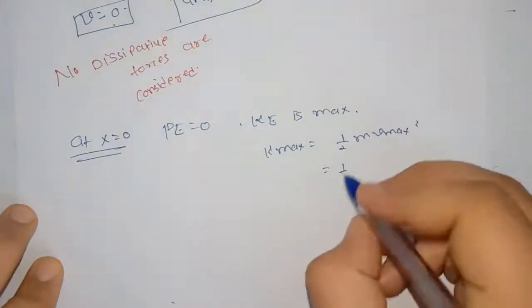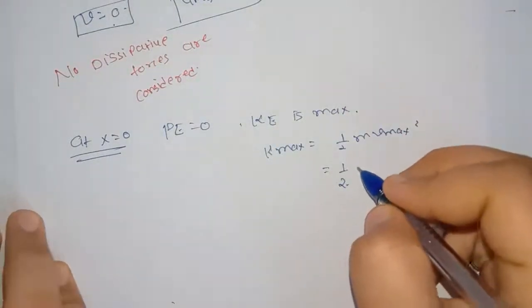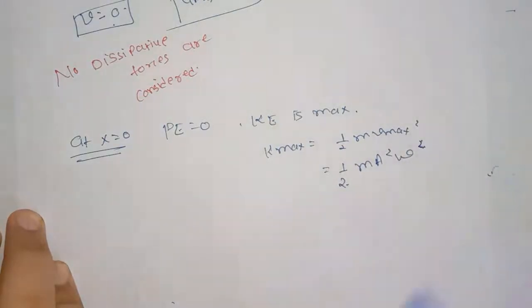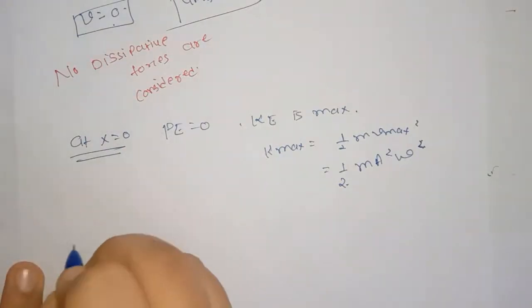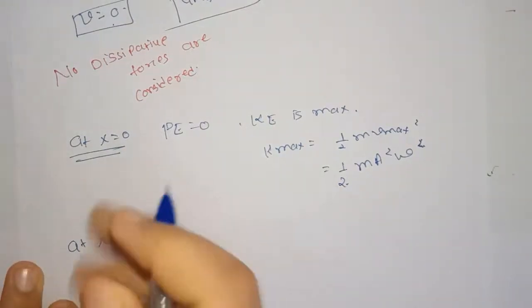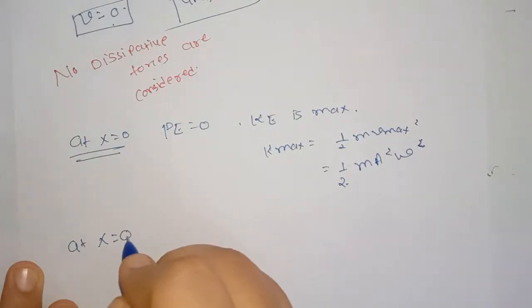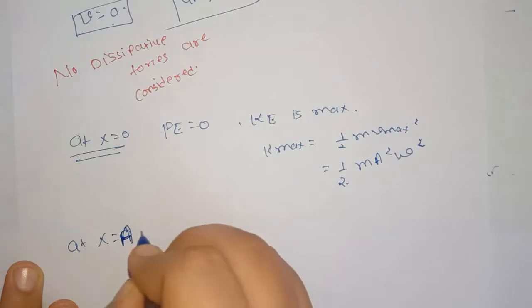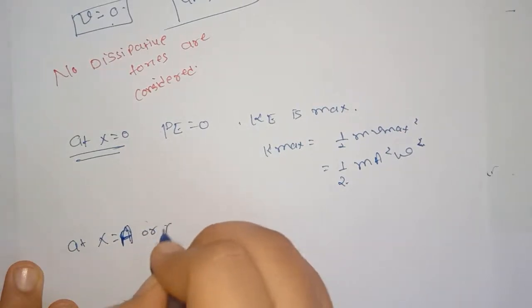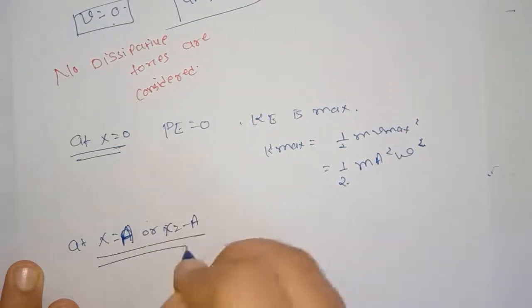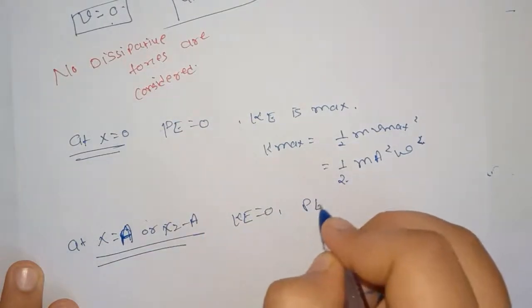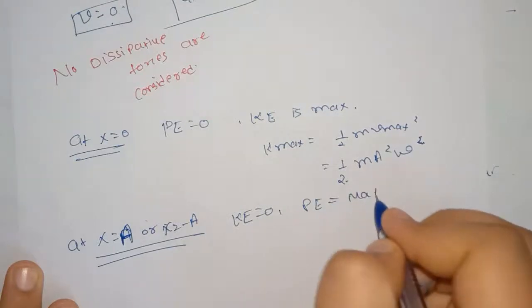So maximum kinetic energy will be half m a square omega square. And at x is equals to a, or x is equals to minus a, kinetic energy is 0 and potential energy is maximum.